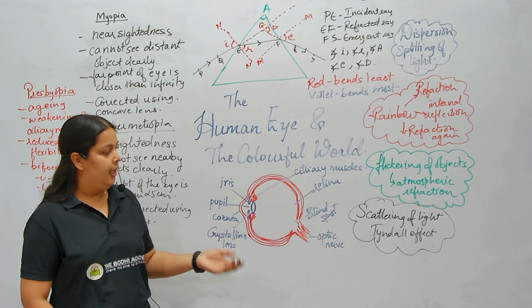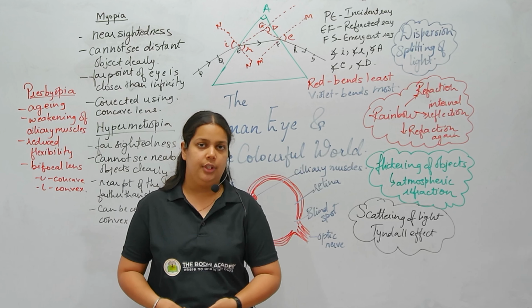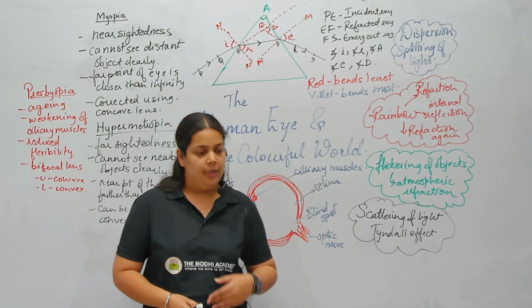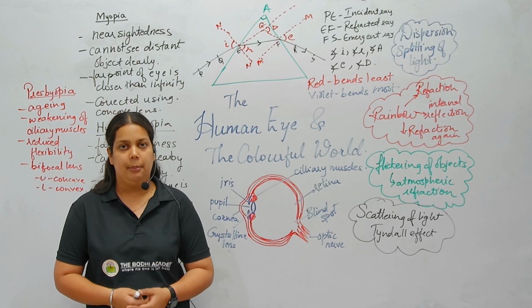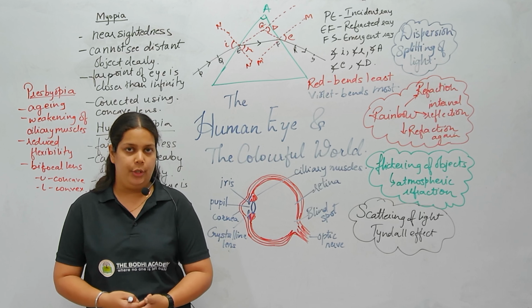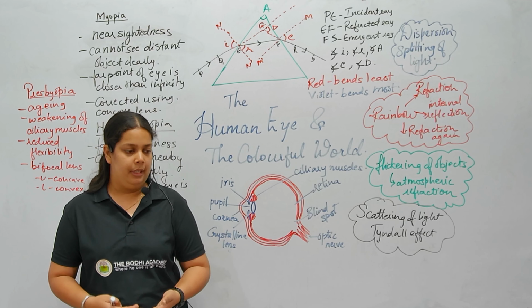And for a young adult human, the least distance of distinct vision is 25 centimeter. The farthest point up to which the human eye is able to see is called the far point of the eye, and it is infinity for the normal eye.